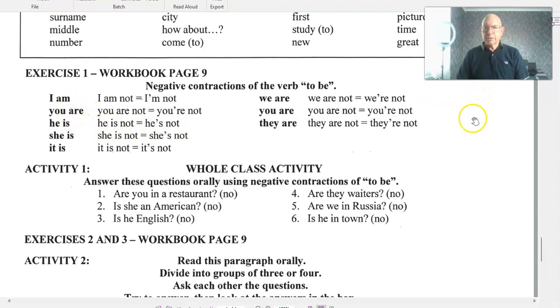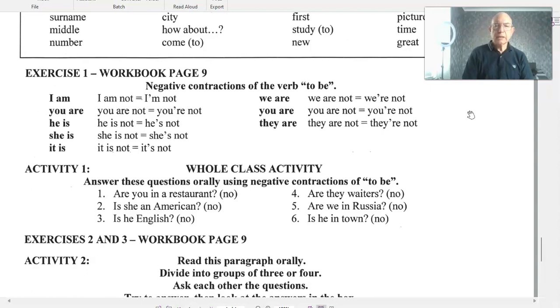It's going through contractions. Contractions in English is where you take out a word and basically make two words into one, but you put an apostrophe in between to show that you've taken something out. So, I am, you can make that into a contraction, but they're not showing that here.